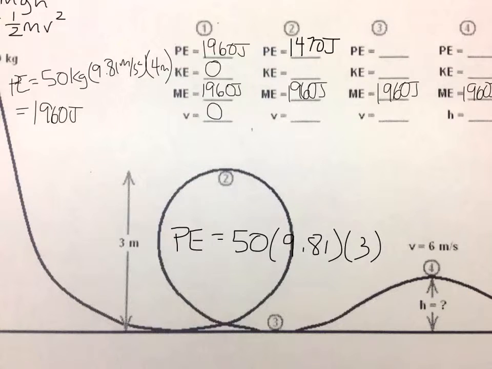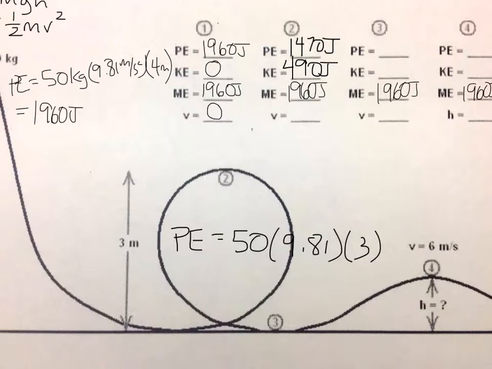potential. And because the potential energy here added to the kinetic energy here has to equal the mechanical energy, we can solve for kinetic energy through simple subtraction. 1960 minus 1470 gives us the kinetic energy, which works out to 490 joules.